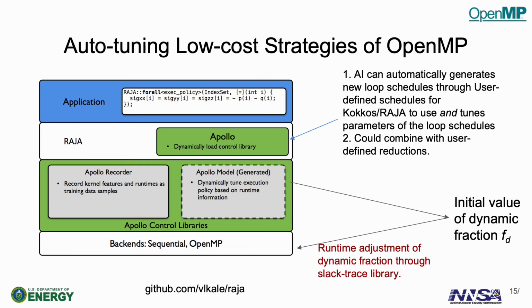So you could visualize some machine generating these new loop scheduling strategies through that user-defined scheduling interface. And once it does that, then it will tune the parameters that it's created for that loop schedule.